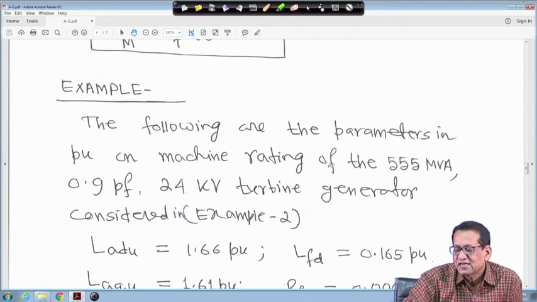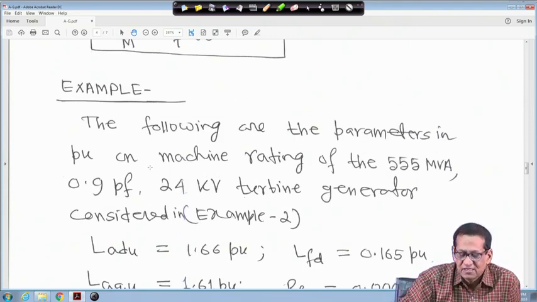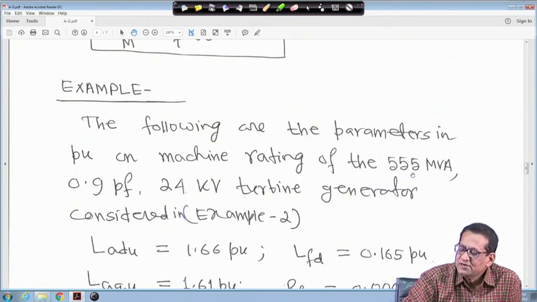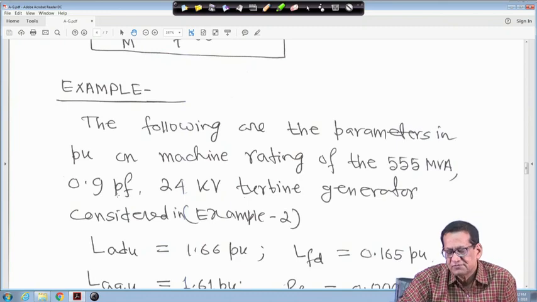The following are the parameters in per unit, on machine rating of the 555 MVA, 0.9 power factor, 24 kV turbine generator considered in example 2. 0.9 power factor means lagging.